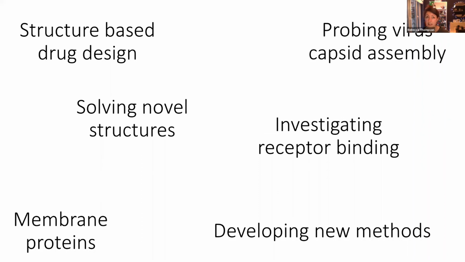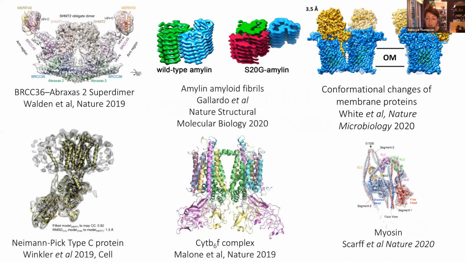So I just wanted to finish off by highlighting that cryo-electron microscopy, because we can deal with proteins across quite different size ranges, and because we can deal with relatively low volumes and low concentrations of the specimens, can really be used as a structure determination technique for a whole wide range of different proteins and macromolecular complexes. Here's just an example of some of the structures which have come out of the facility in the last year.